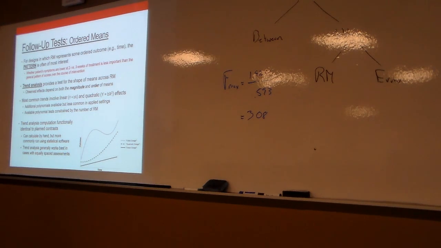What your trend analysis is going to assume is that you have equally spaced assessments. It's going to treat these ones as if they're all equally spaced, and that can start to throw off interpretations and things along those lines. So you want to be careful with that.